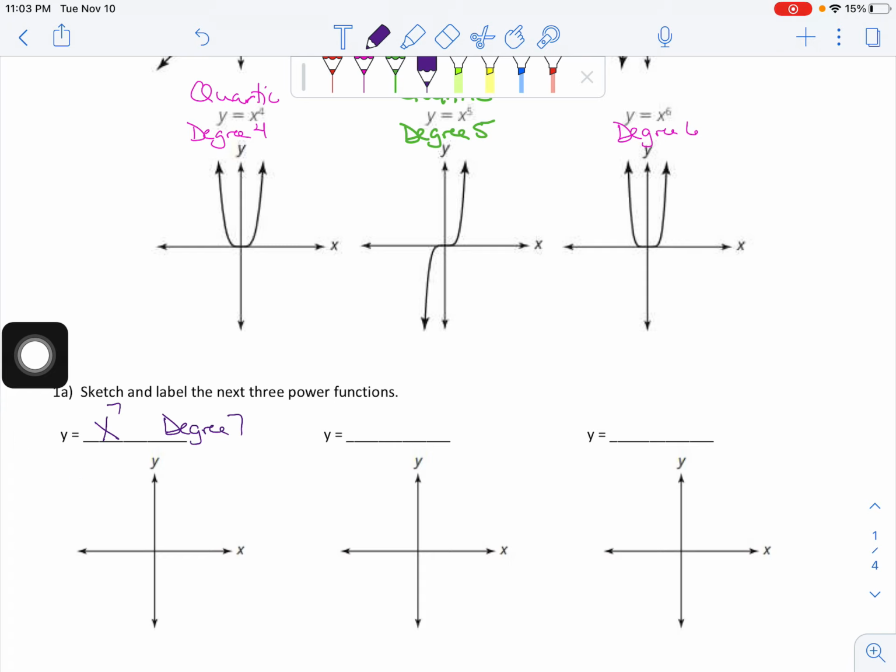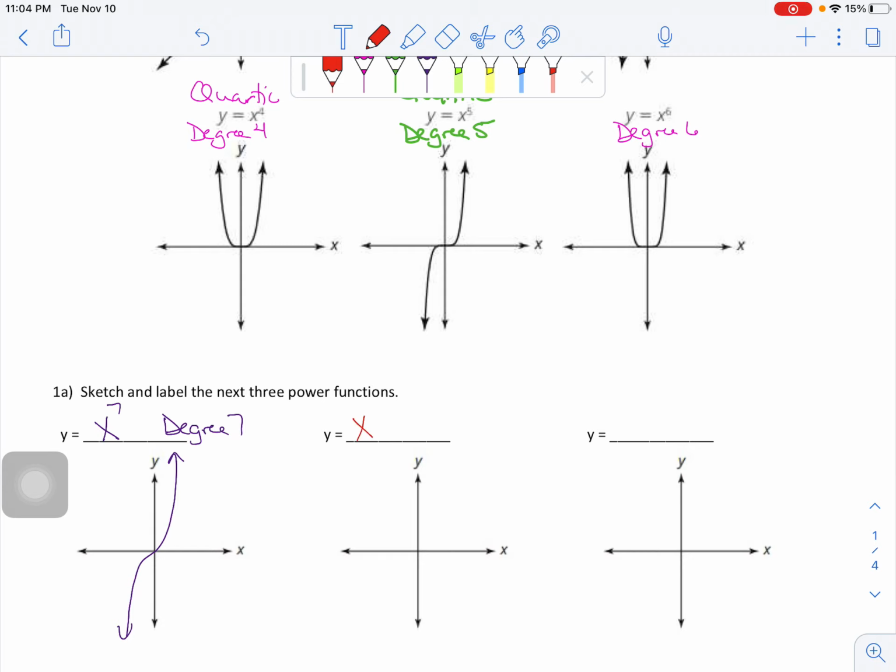Now, 7 is an odd number, which means that this sketch should look like the odd degree functions. So go ahead and do a quick sketch that's that S curve. It does need to go through the origin, okay? And yeah, it probably should be a little flatter around the origin, but it gets the idea of what the function looks like. And that's the important part that we're looking for here, all right?